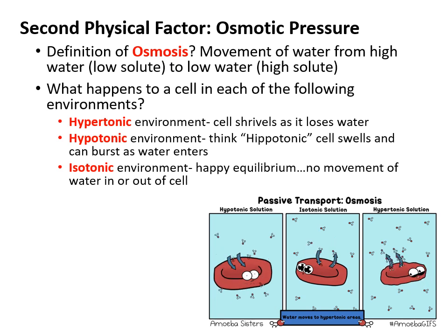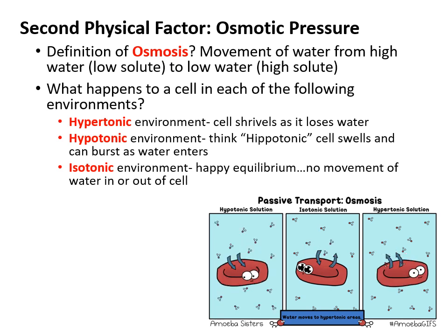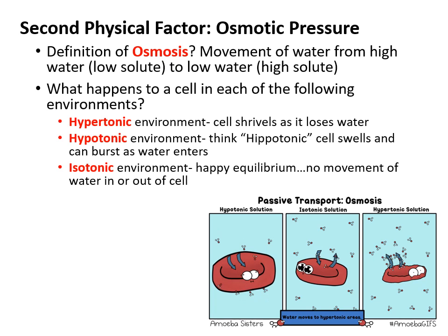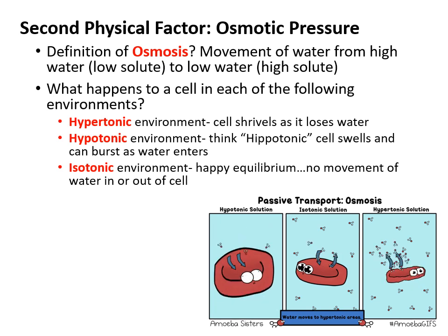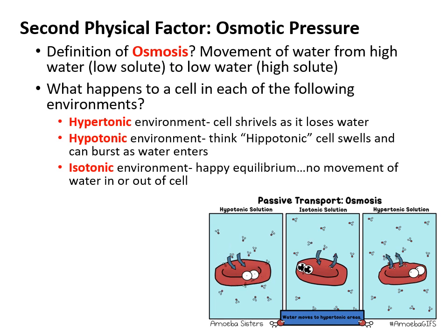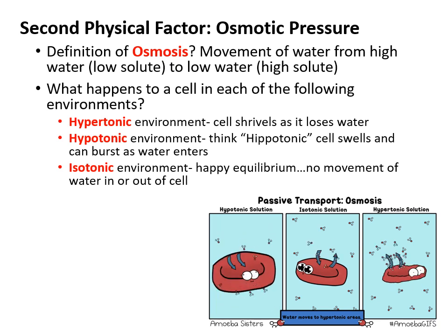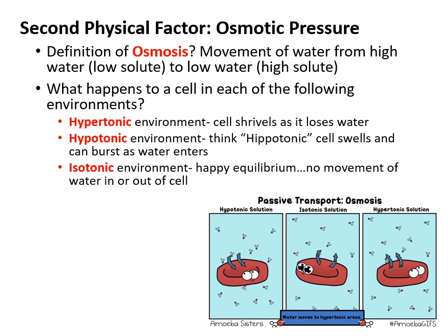Now, when we talk about osmosis, you have to be able to quickly identify what happens in each type of salt environment. So you first have the hypertonic environment. And with hypertonic environments, that means hyper, a lot, a lot of salt. Well, think about when you eat a ton of salt, right?